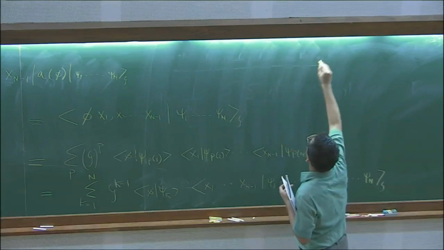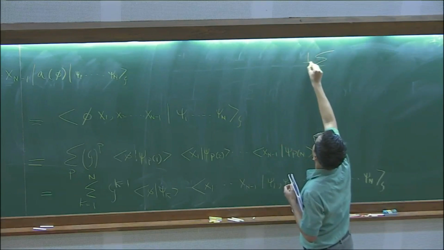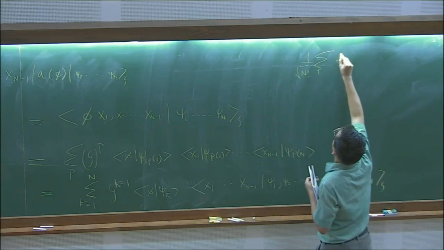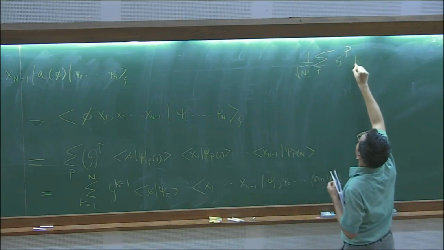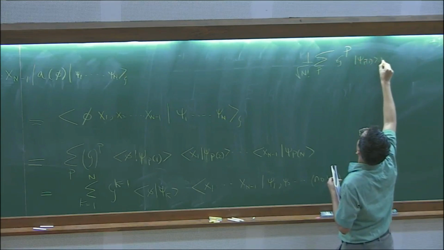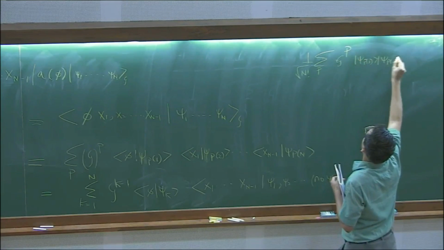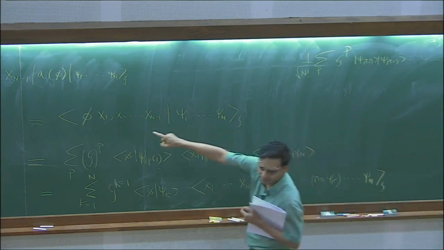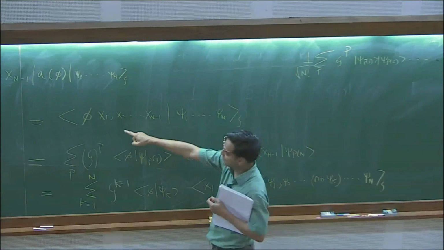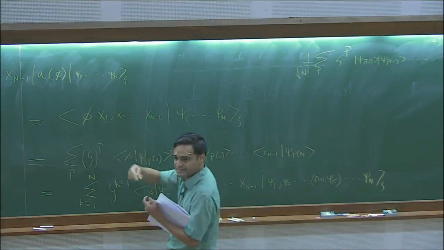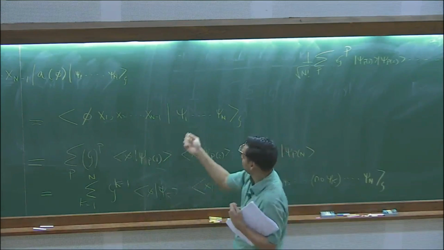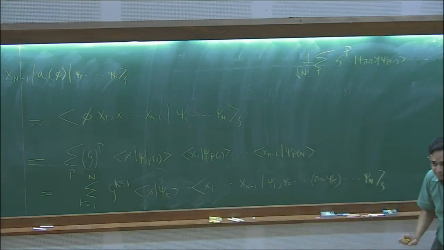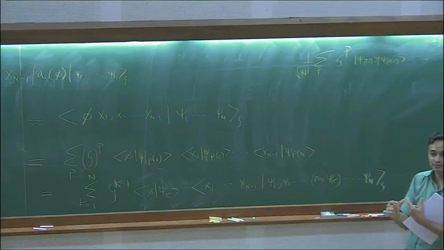So this is the sum over p, 1 over square root n factorial, zeta to the p, psi p1 psi p2, right? And I write the same thing there. It's a little inconvenient to write because this is not an x, but it's the same thing. I permute these symbols among the slots, right? Then I take the overlap.